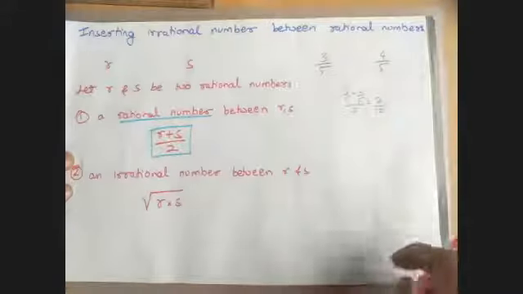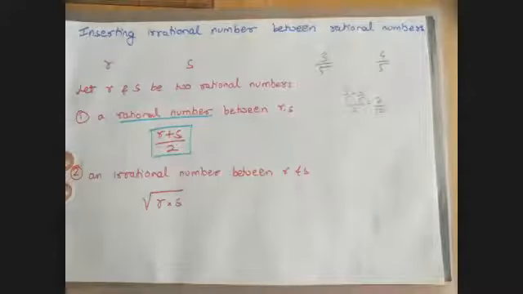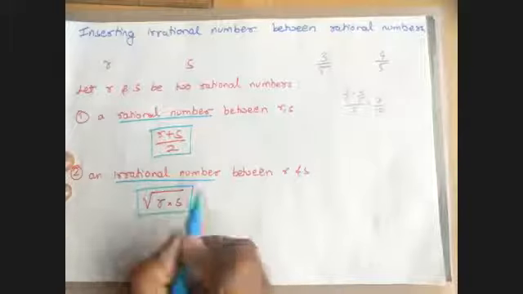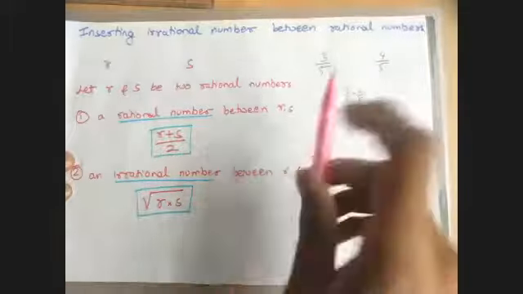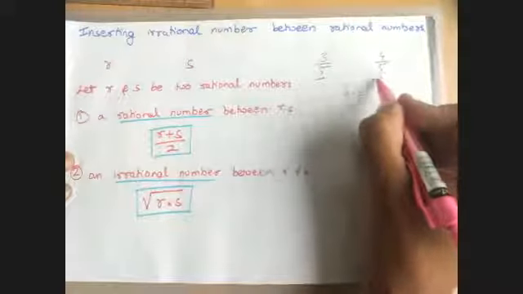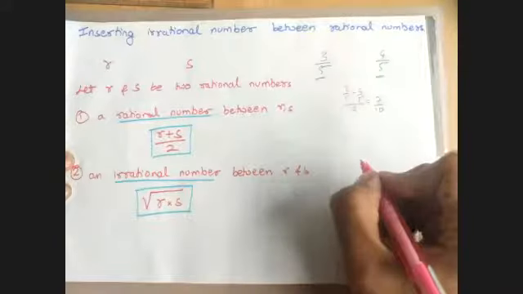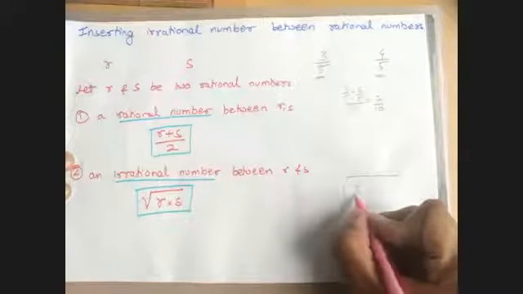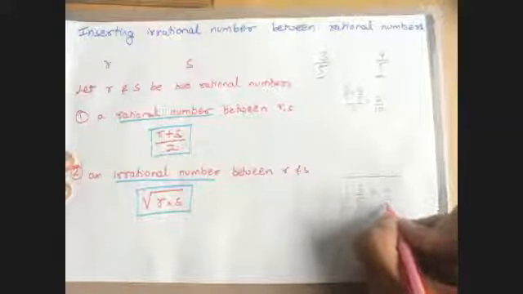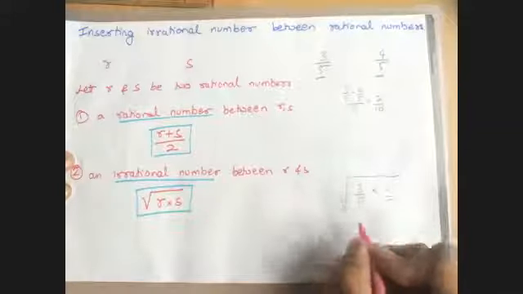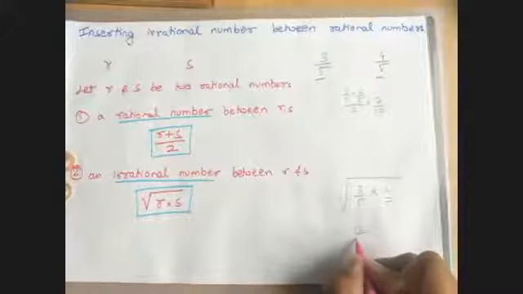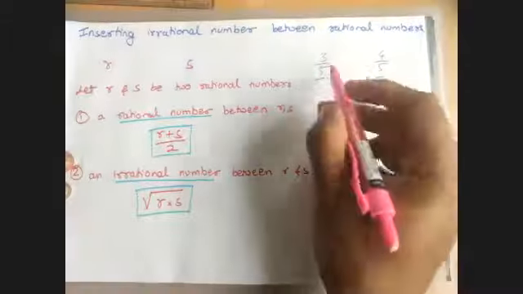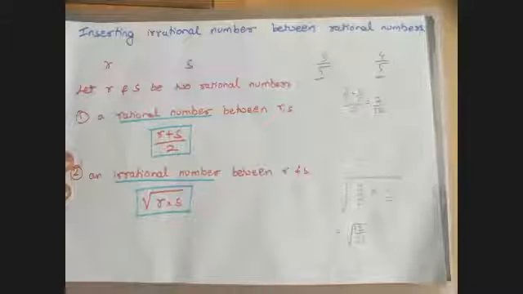But if I want to insert an irrational number, it is the square root of r into s. So between 3 by 5 and 4 by 5, that number is the square root of 3 by 5 into 4 by 5, that is 12 by 25. Under root of 12 by 25 is the number inserted between 3 by 5 and 4 by 5.